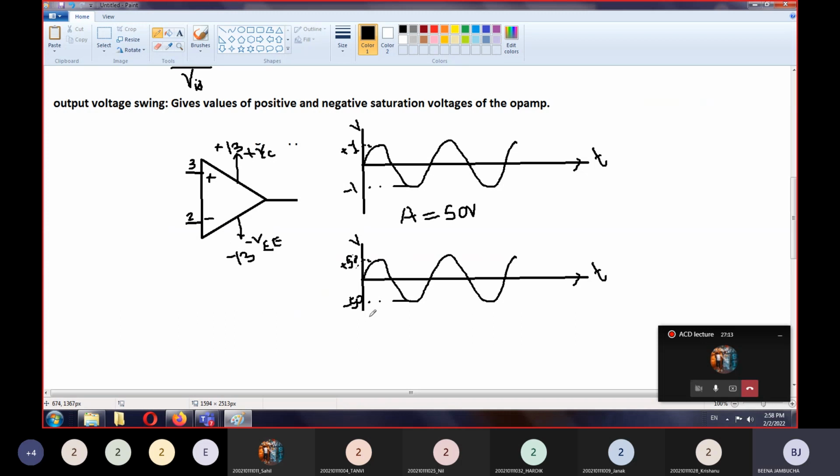In this case your output will be blocked at 13 volt, and the portion above it will be clipped off. You will not get an output greater than this. You have studied the clipper circuit. In the same way, here also at minus 13 your output will be clipped off. So what you are actually getting is something like this, only this much. I think it is clear now.